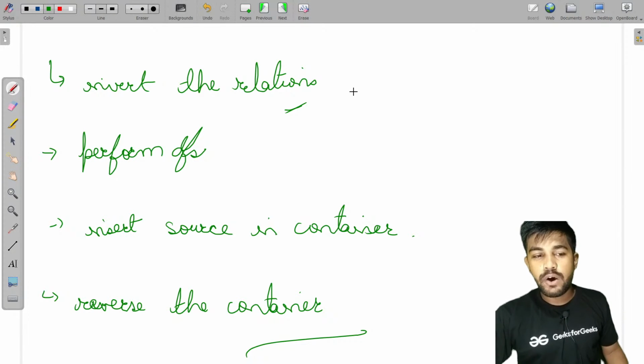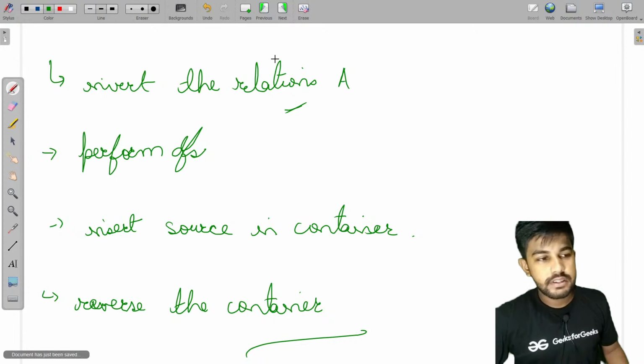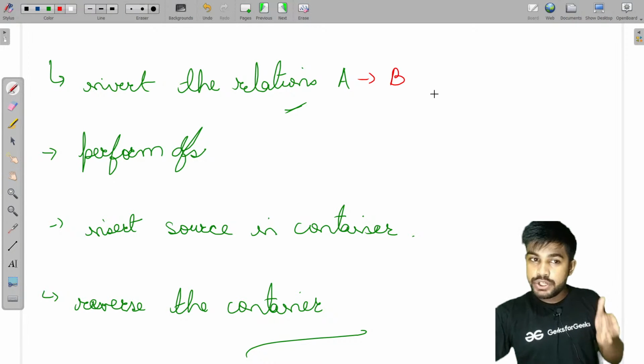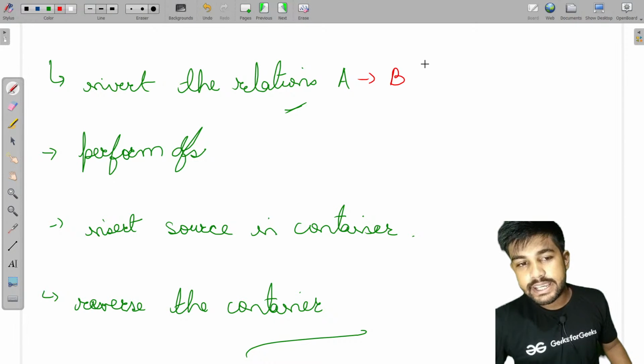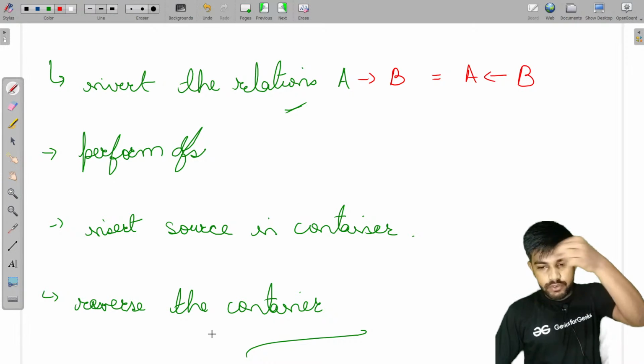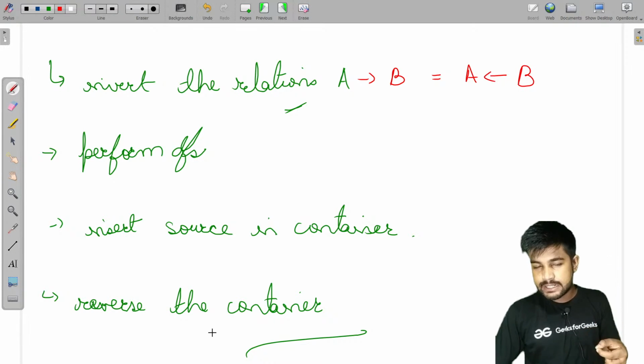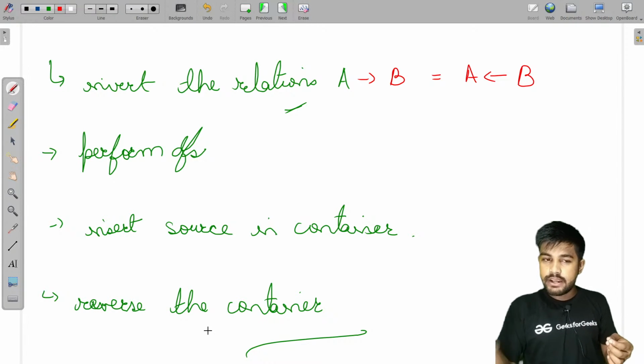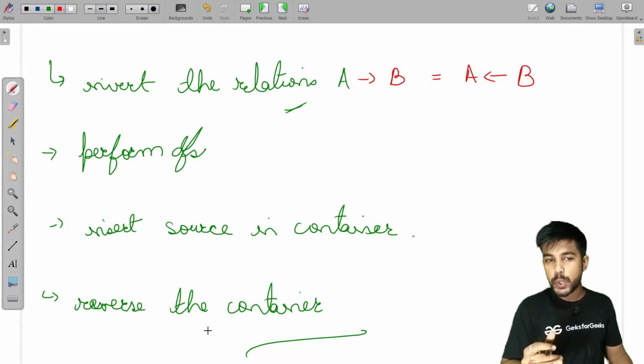Now, if there was a relation of A to B already in the graph and you need to perform topological sort on it, you need to convert it to A directed to B. Just invert the relation. In a directed graph, if it was a path from A to B, just make it inverted and make a path from B to A.